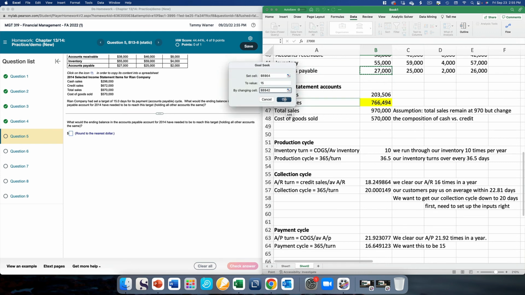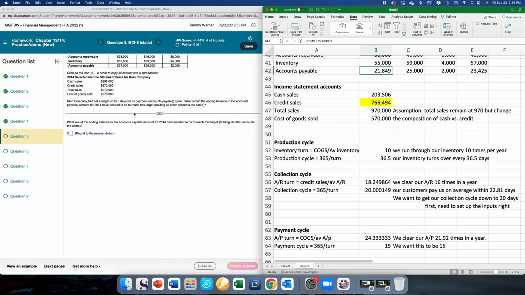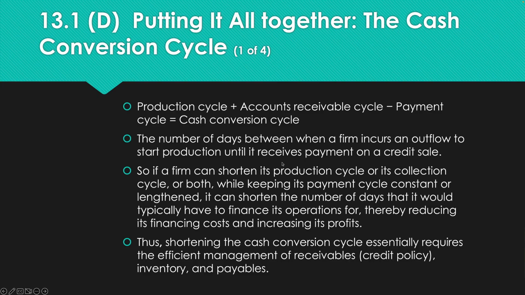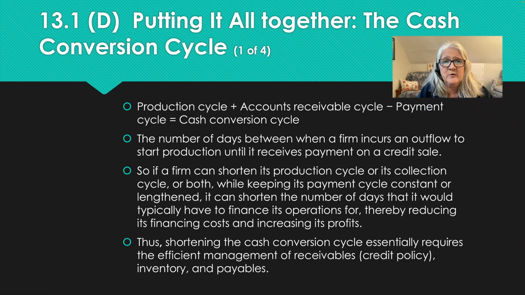That becomes our target. So this needs to be 21,849 in order to be able to get our payment cycle down to 15 days. So that's it. That's what you need to know from a math and analytics standpoint from Chapter 13.